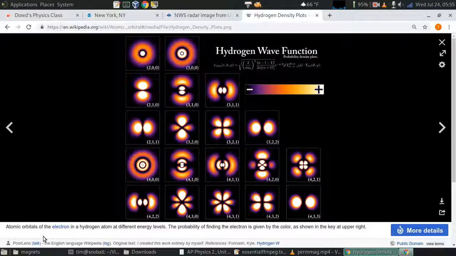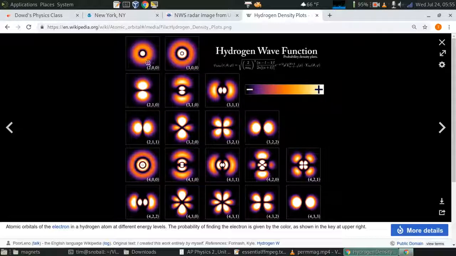It's important to understand that when we draw the ring in the Bohr model picture, it's a vast oversimplification. One of the strange things about quantum mechanics is that it's very difficult to nail down the position of the electron at any one time. We usually talk about where it's most likely to be. This Wikipedia user, Poor Leno, has plotted the probability or likelihood of the electron being in certain places for different orbitals.